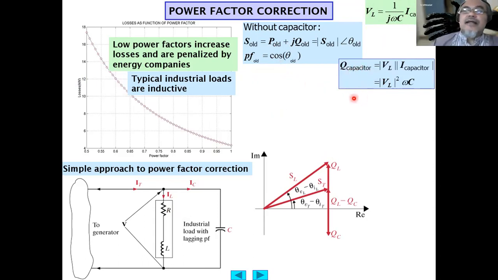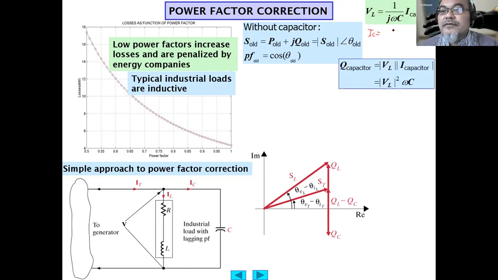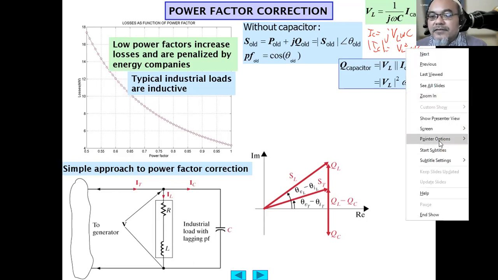So the reactive power due to the capacitor, Q capacitor, will equal the magnitude of the voltage VL multiplied by the magnitude of the current flowing through the capacitor. If we substitute the I capacitor and derive it, I capacitor equals VL times j omega C. The magnitude will then equal VL omega C. There is no square here.